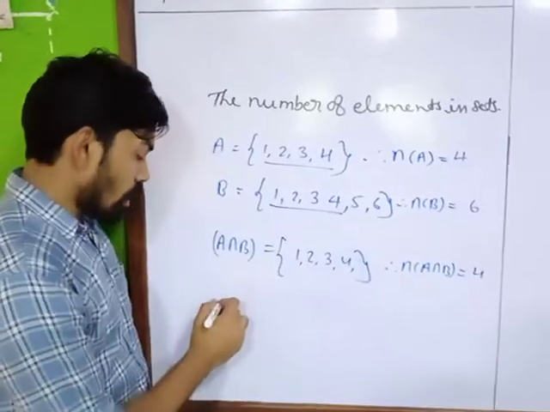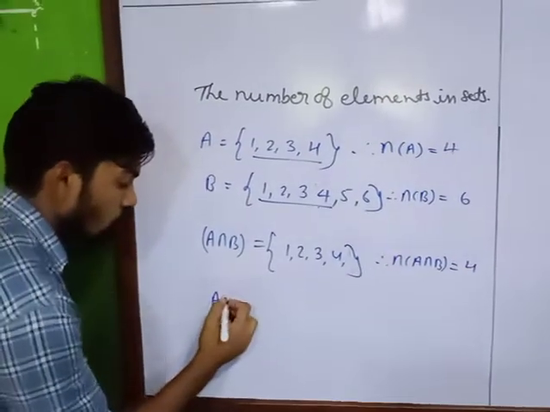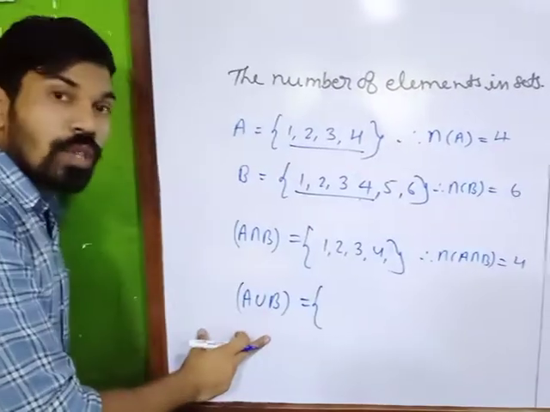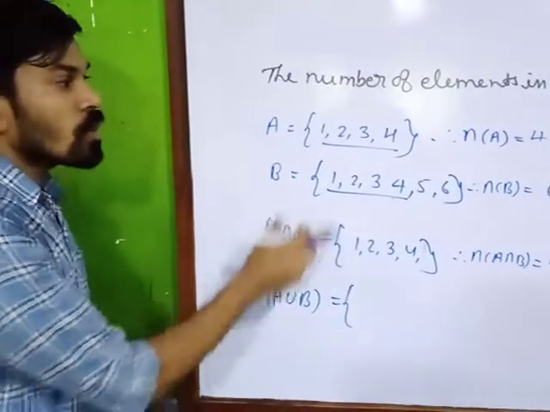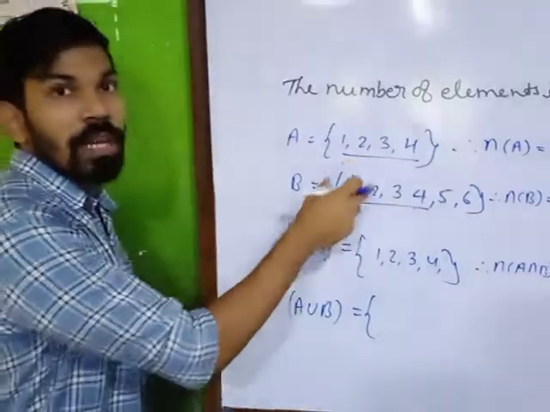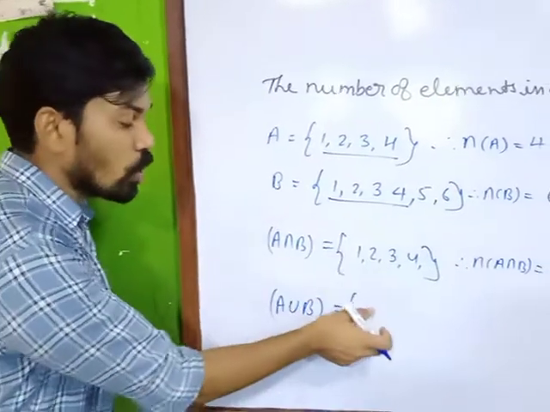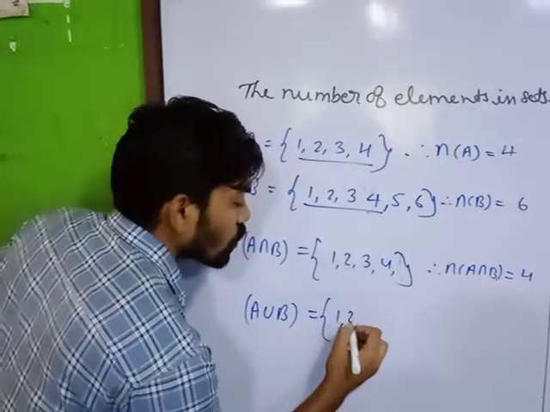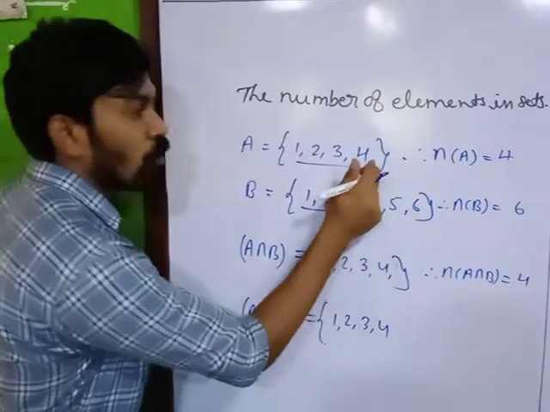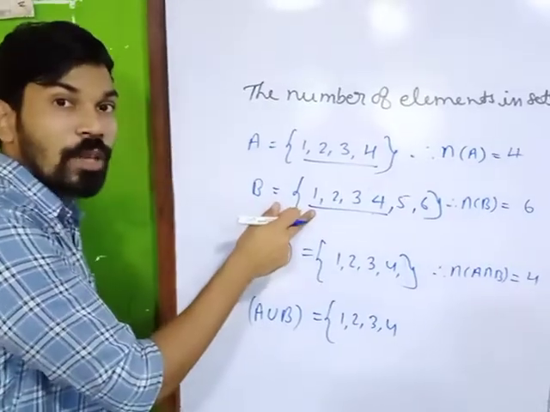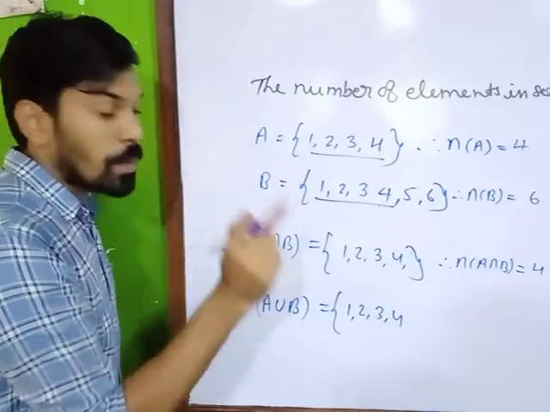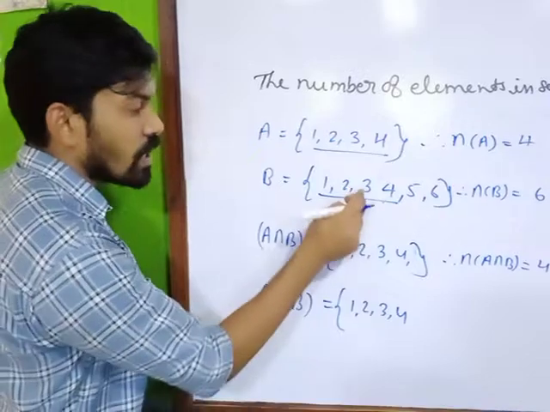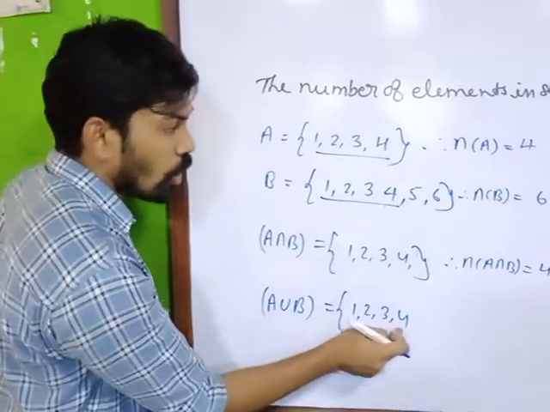The next we learn A union B. What is that? In the union of the two sets, the elements of both sets should be included in this union set. So 1, 2, 3, 4, till 4. After that we have to write the elements of set B, but we are not going to repeat any element. 1 we already have, 2 we already have, 3 we already have, 4 we already have.